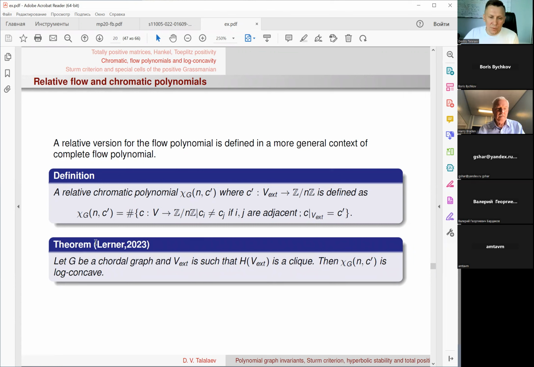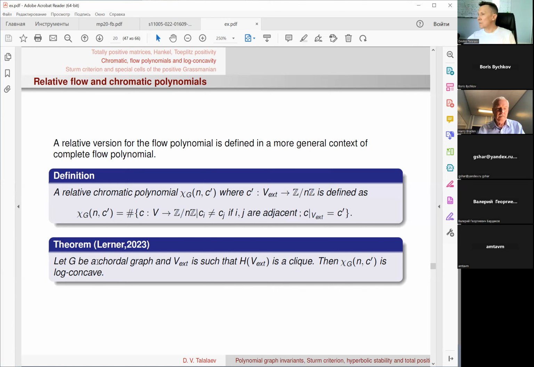The result of my colleague Edward Lerner, a recent result: if G is a chordal graph, and I will explain what chordal graphs are, and the external vertex set is a complete graph, a clique in G, then the relative chromatic polynomial is log concave.